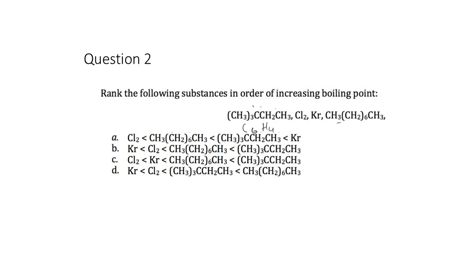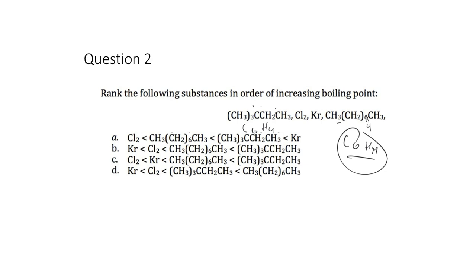Counting my carbons right here, 1, 2, 3, 4, 5, 6. I'm going to edit this to be a 4 when I put this up online. I'll change it before you get a chance to do this, because I meant for this to be a C6H14 isomer as well, so that we're comparing molecules that are either branched hydrocarbons or straight chain hydrocarbons, but they're both of the same formula, so they're isomeric to each other.